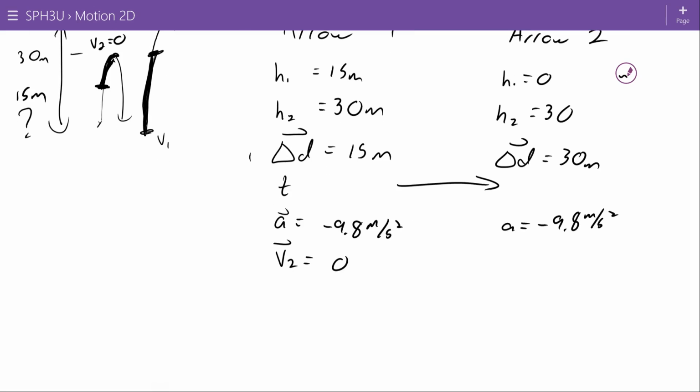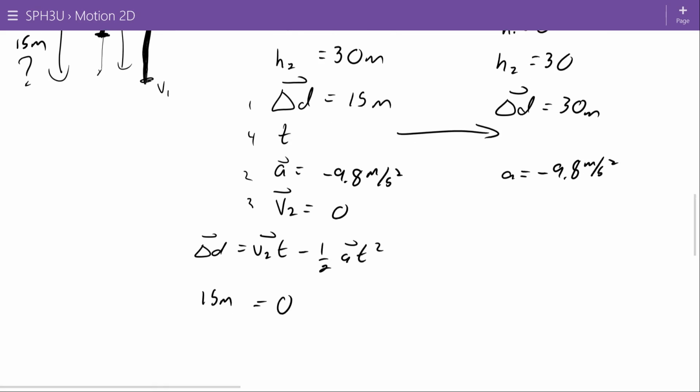So now we have 1, 2, 3, we can find the fourth. The equation here is that delta D equals V1 T. Actually, sorry, this is the weird equation that we almost never use: V2 T minus 1/2 A T squared. Delta D is 15 meters. V2 is 0, so that whole term goes to 0.